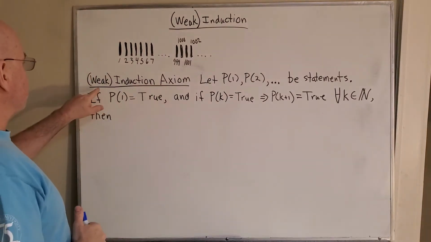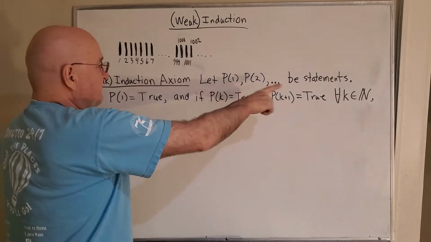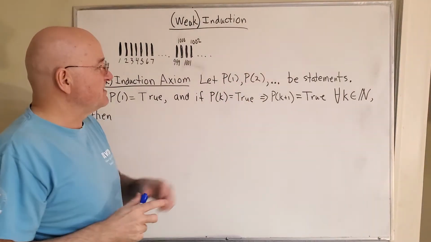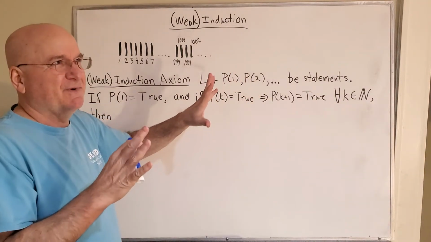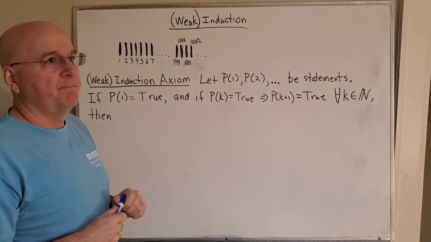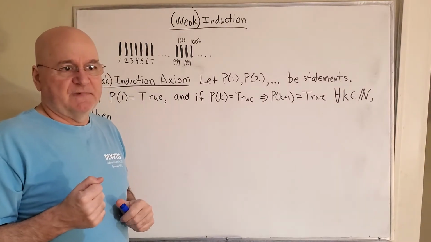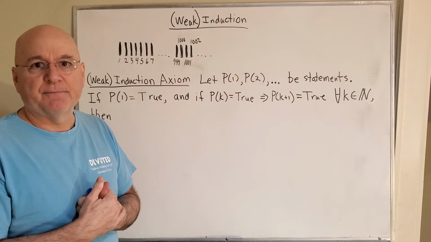Okay, the induction axiom, or weak induction axiom. I'll have to define all these terms. P1 and P2 are just propositions, corresponding this one to number 1 and this one to number 2. Let's make a real simple example. Proposition K is the proposition that K is an even natural number.